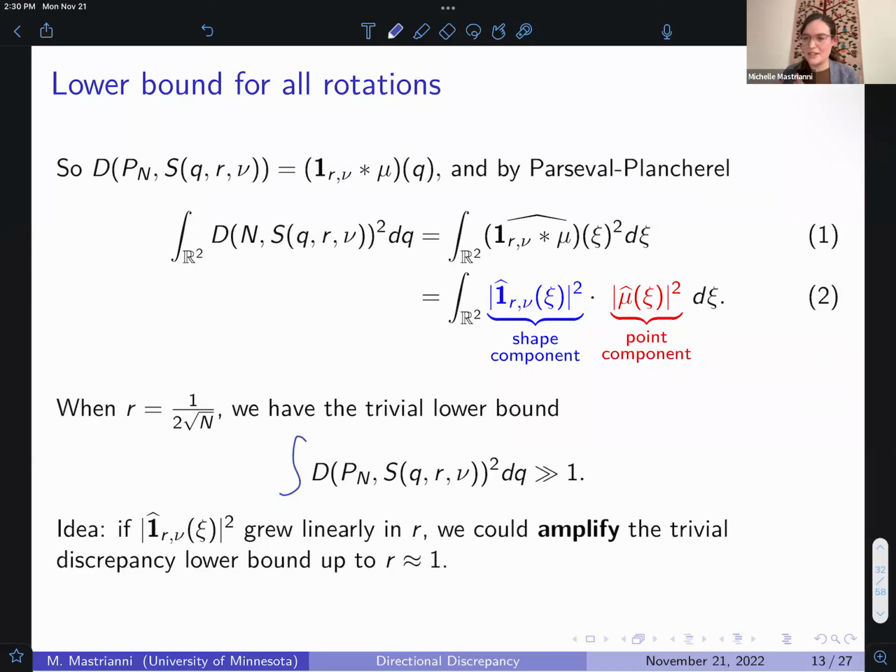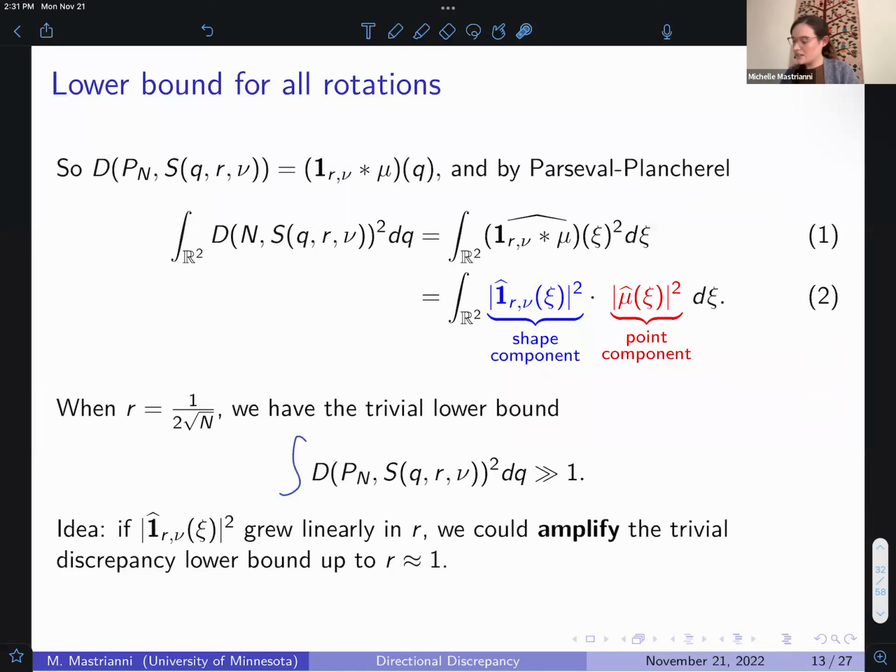The idea there is simply that in this case, the volume of the resulting rectangle is fractional. So in the definition of discrepancy, the volume part is going to be fractional. The counting part is always an integer. And so you can just lower bound that by a constant. So that's the trivial lower bound in that case.